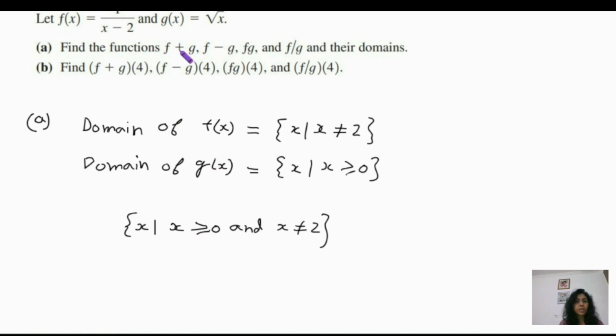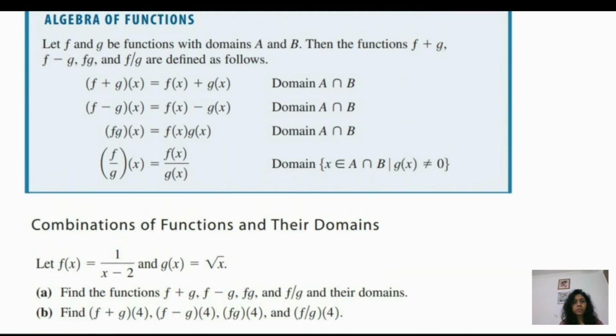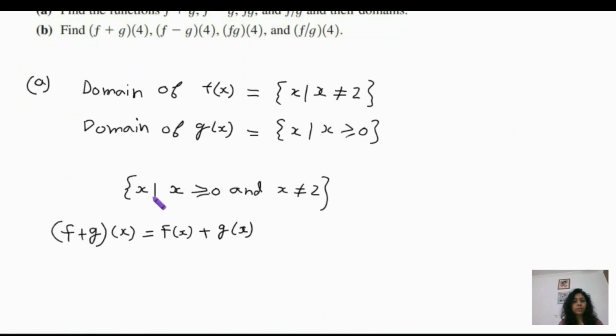Okay, now we can start with f plus g. We have to find the function f plus g. So this is f(x) plus g(x). (f plus g)(x) equals f(x) plus g(x), and here the domain is A intersection B. So the domain for this one is x greater than or equal to 0 and x not equal to 2.